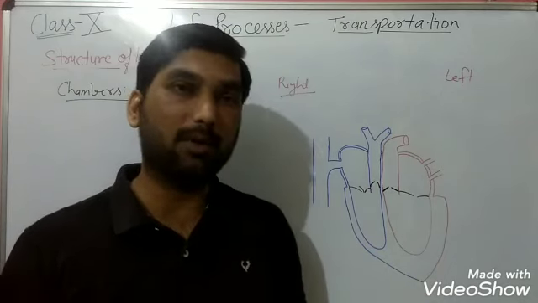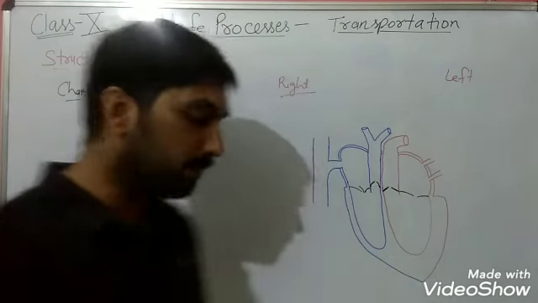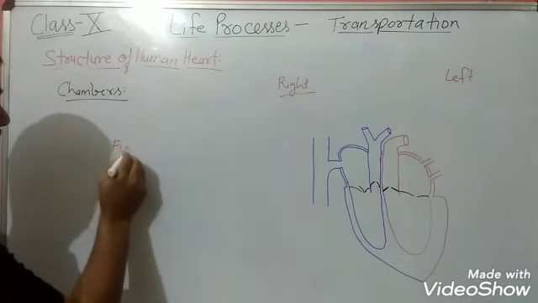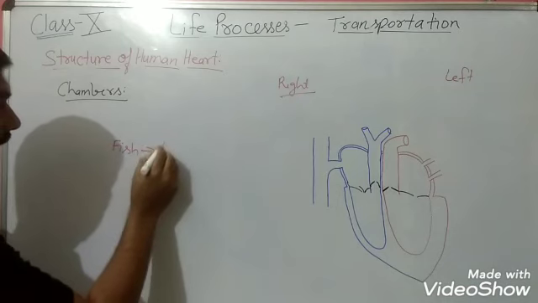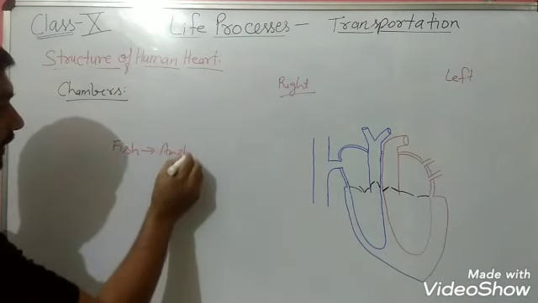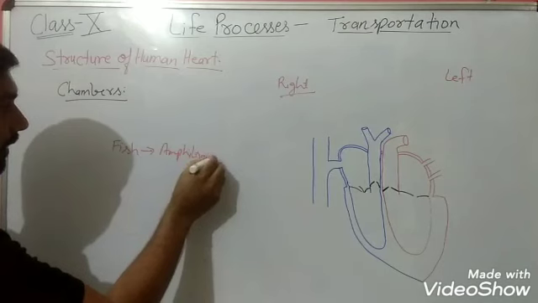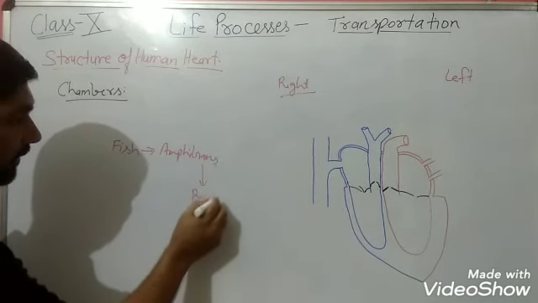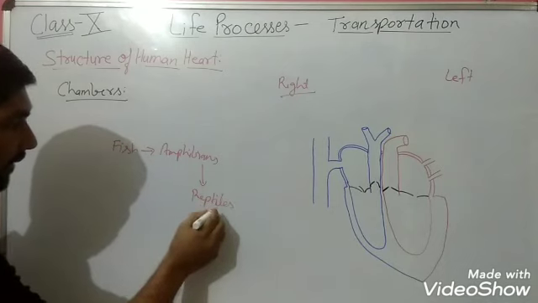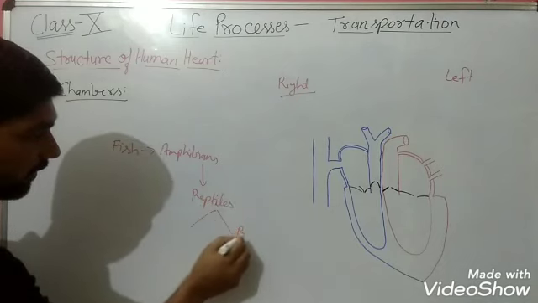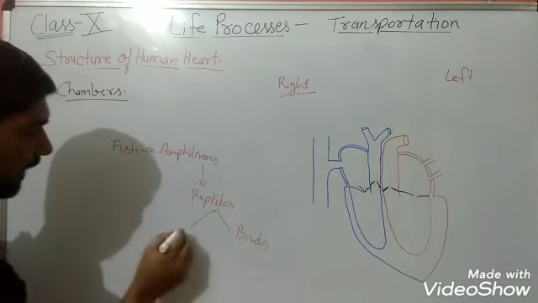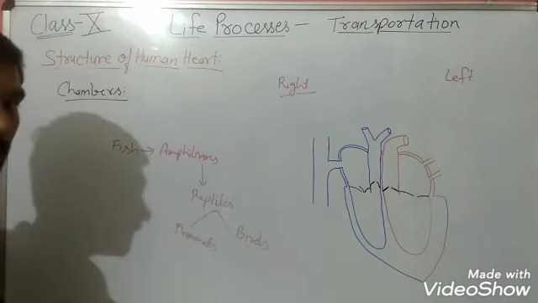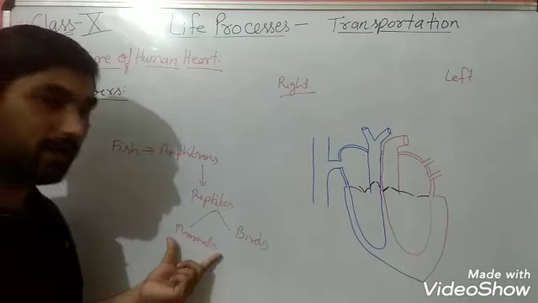When we talk about amphibians and reptiles, you know from your previous knowledge that amphibians evolved from fishes, then reptiles from amphibians, and from reptiles, birds and mammals, and we belong to this category.